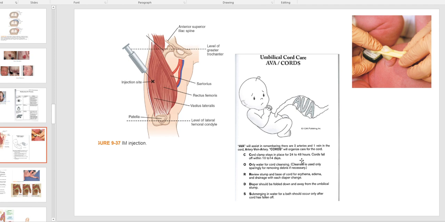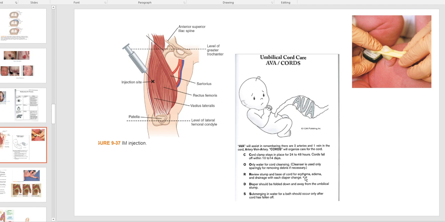They stay clamped for up to 48 hours. They fall off within 10 to 14 days. You don't put anything on them. You report any drainage, any edema, any redness. So you instruct the patient's parents on that.